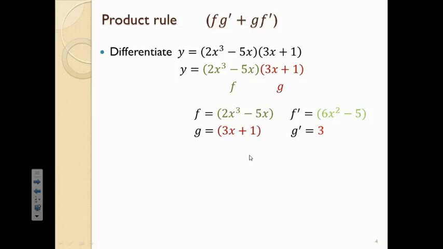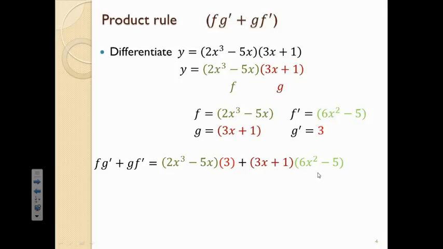Now, if we put this into our formula, of course, our f, the first one, is 2x cubed minus 5x, and our g prime is 3. So that's the first one, plus g, which is 3x plus 1, times f prime, which is 6x squared minus 5.